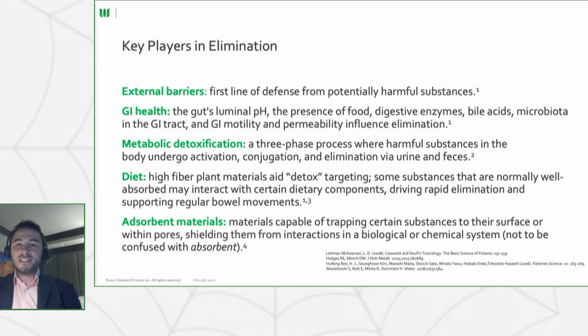So adsorbent are the materials that are capable of trapping certain substances to or within their pores, thus shielding them from interactions in a biological or chemical system. Basically, this is a way that the bioaccessibility of something can be changed, and therefore those substances don't get integrated directly into that material, but they rather get just trapped within it in some form or fashion to where it's prevented from interacting further, but it doesn't chemically change that substance. It stays the same usually.